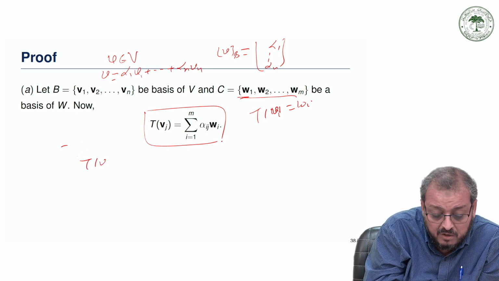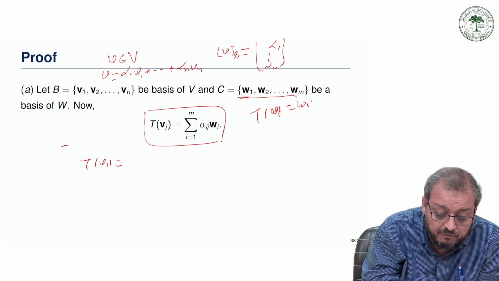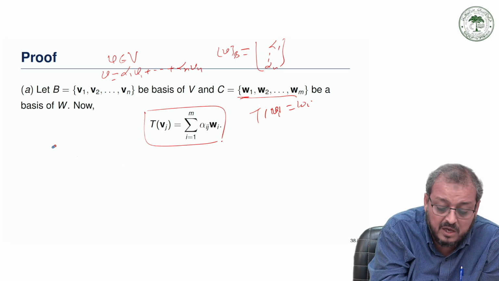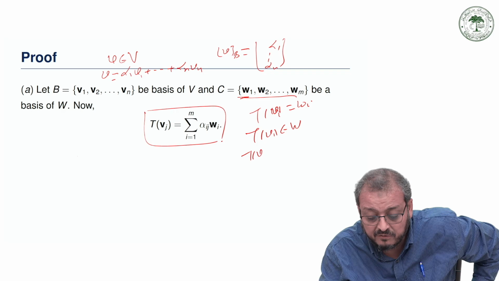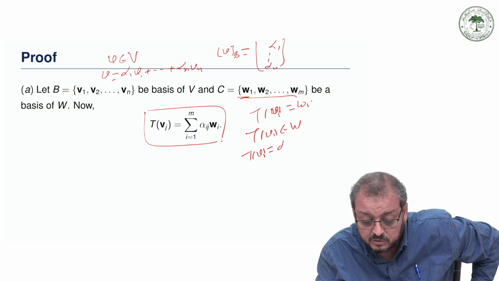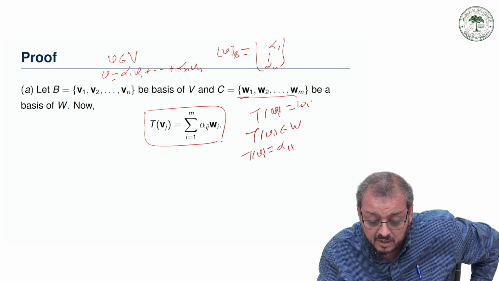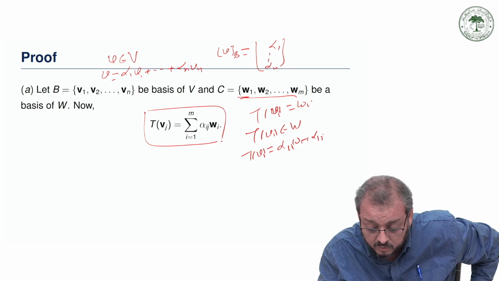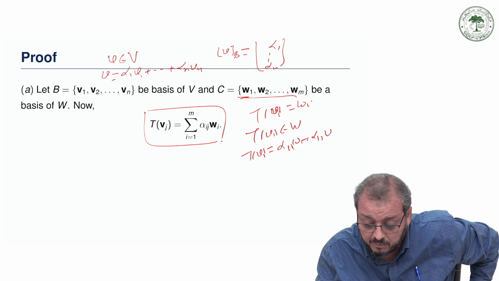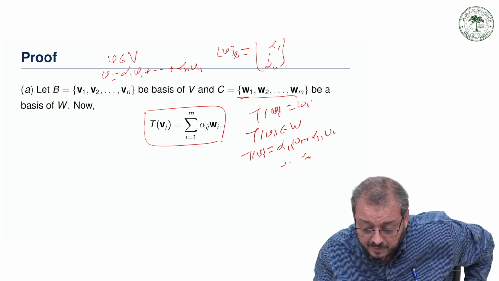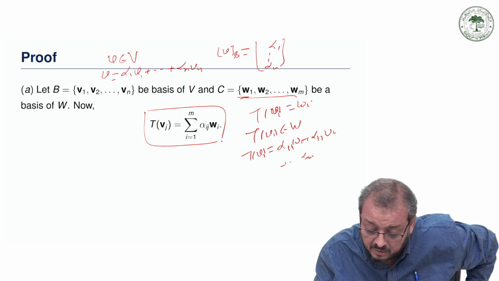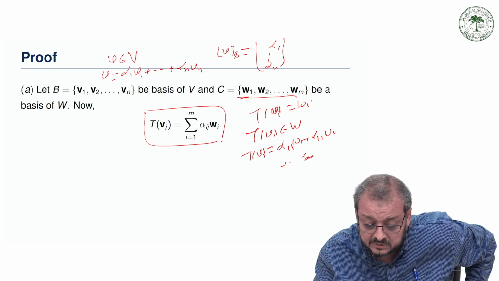T of V1 is an element of W, so T of V1 can be written as a linear combination of the elements of the basis: alpha 11 W1, alpha 12 W2, and so on, up to alpha 1m Wm.